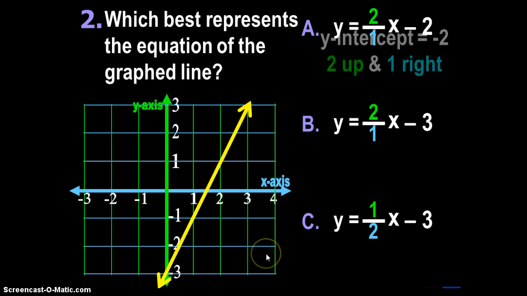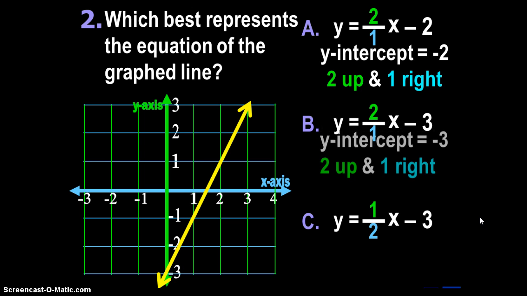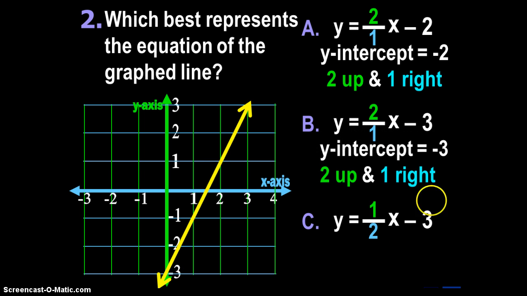Let's look at some. Okay, so I already excluded this one because the y-intercept in here is -2, while our line touches the y-axis at -3. Let's look at the next one. The y-intercept is -3 and the line goes 2 up, 1 right. Let's see. 1, 2 up, 1 to the right. It looks right. Let's look at this one. It says the y-intercept is -3.